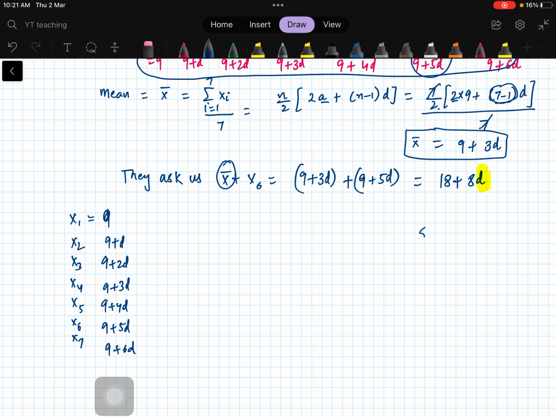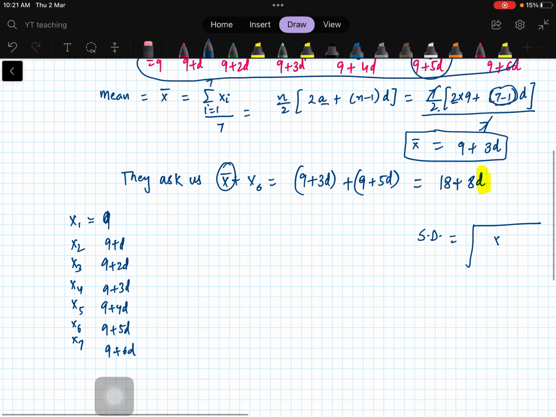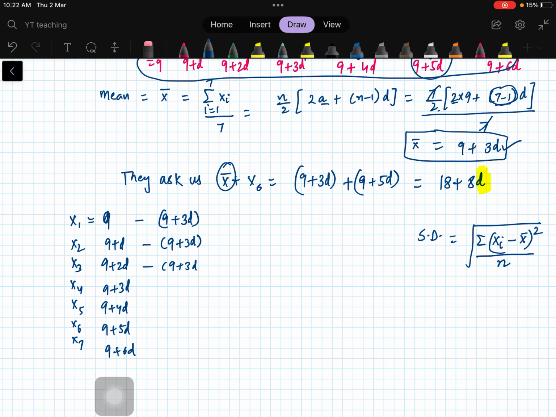For standard deviation, we take the difference of each term from the mean, then square it, then sum it, and then divide by the number of terms. x bar is here 9 plus 3d, so I subtract each term from 9 plus 3d, which is my mean. Does that make sense?